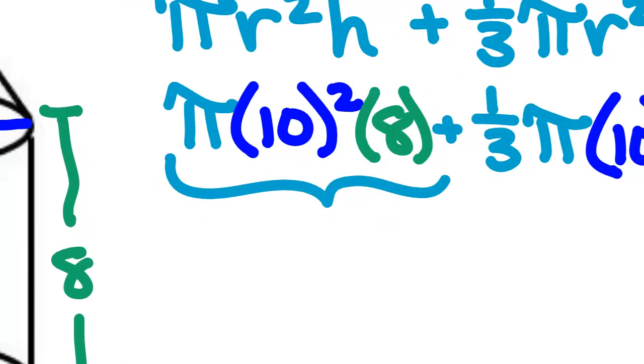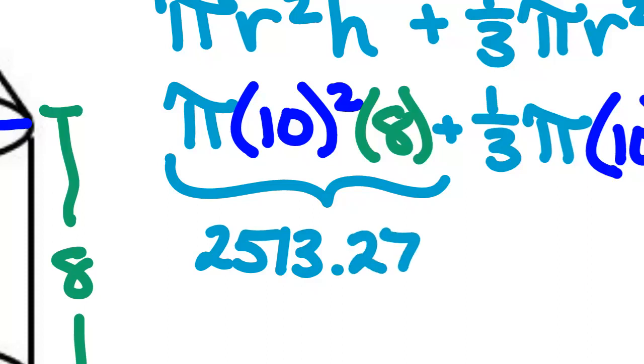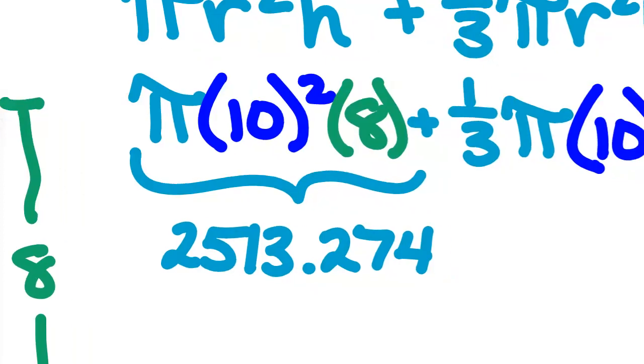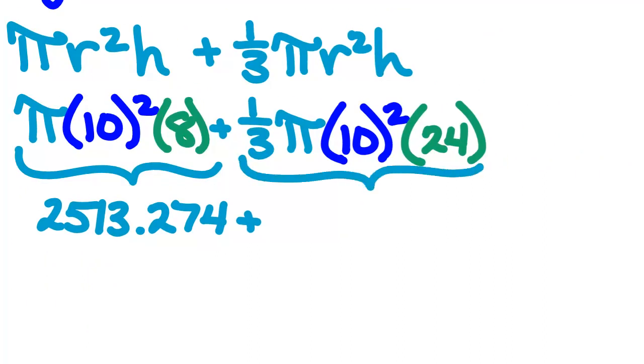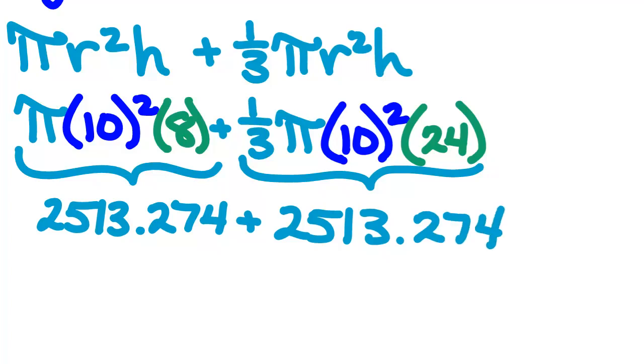You said 2513.27, and what comes after the 7? 4. Perfect. 2513.274 plus, now let's do the same thing, but this time for the volume of the cone. 1/3 times pi times 10 squared times 24. 2513.274.